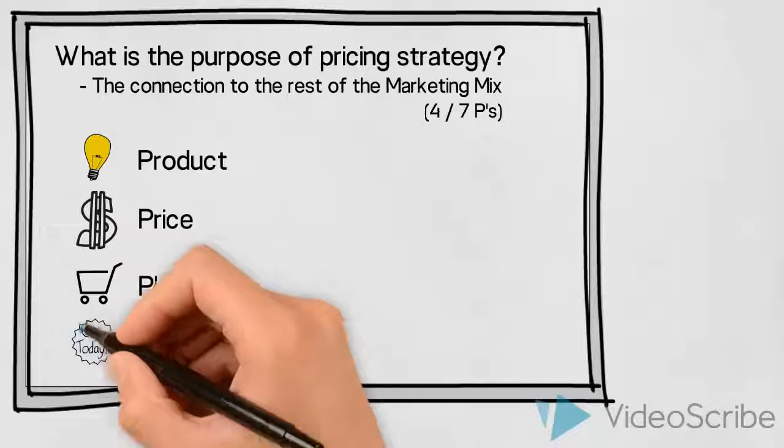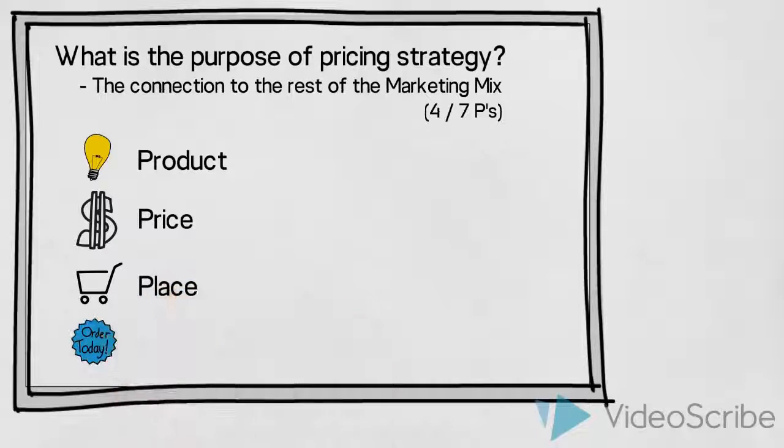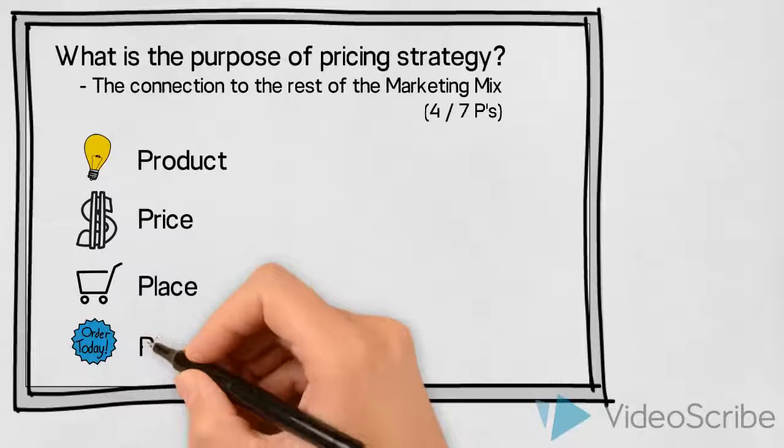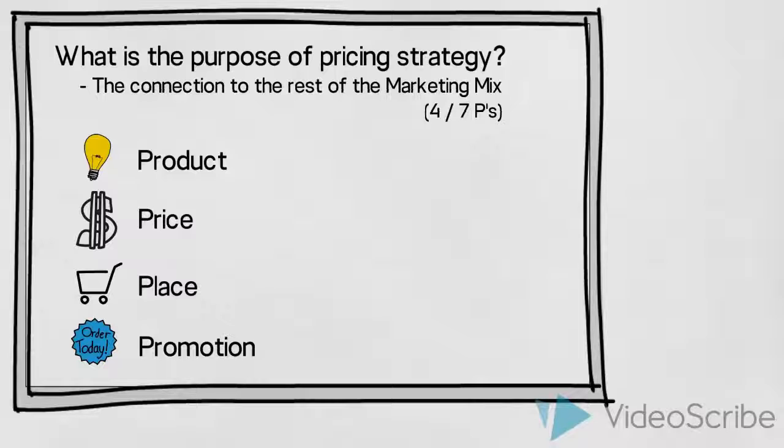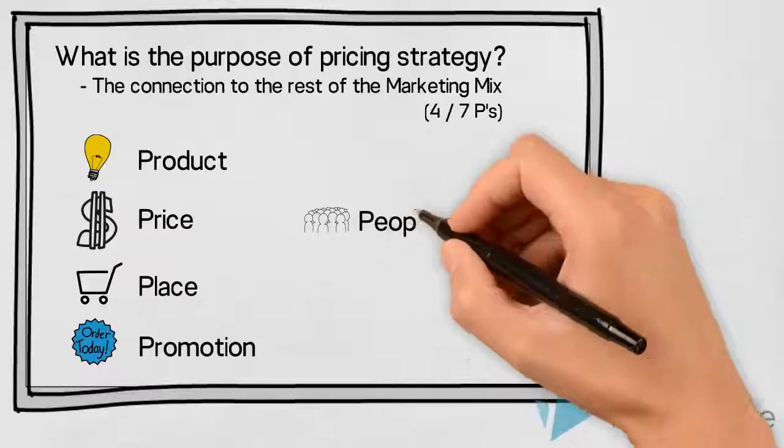We will also need to make a plan of which promotional activities we will carry out in order to tell our customers about our product and encourage them to buy. If we're dealing with an offering that is better described as a service, or perhaps a product that includes large elements of service, we might also want to look at the additional 3 Ps.